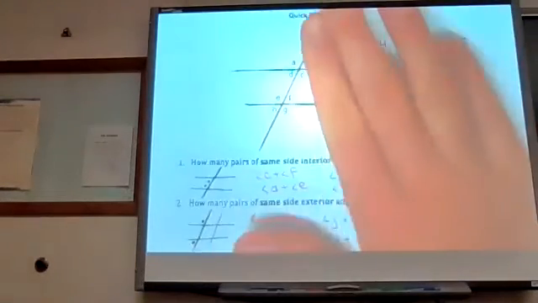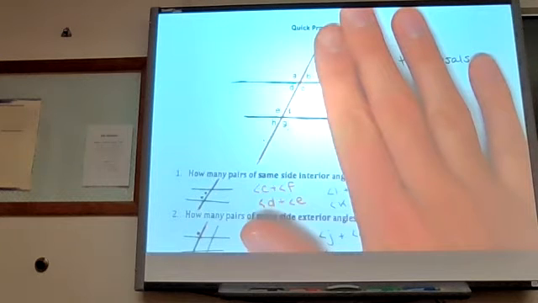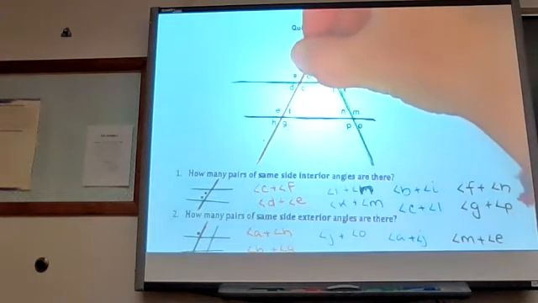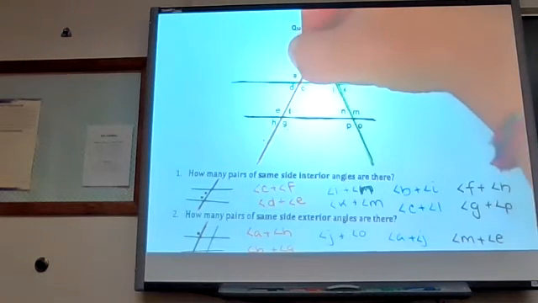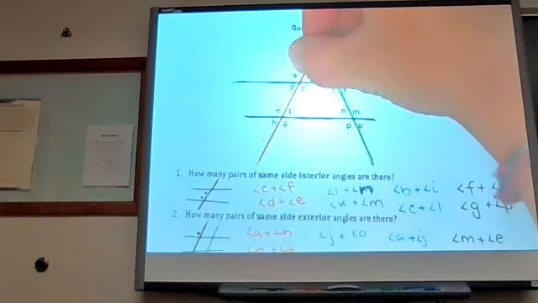Meaning on the orange transversal, there are 4 corresponding angle pairs. What angle would be corresponding to angle A? D? Not D. They're inside and outside, but it needs to be inside on the opposite line.